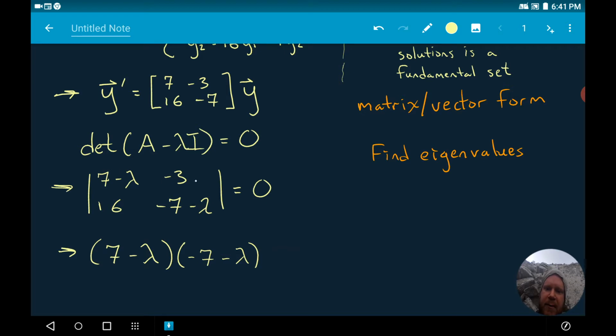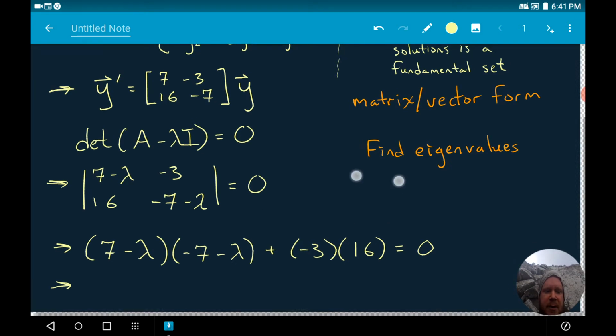So this times this minus this times this. So we get a plus. Is equal to 0.